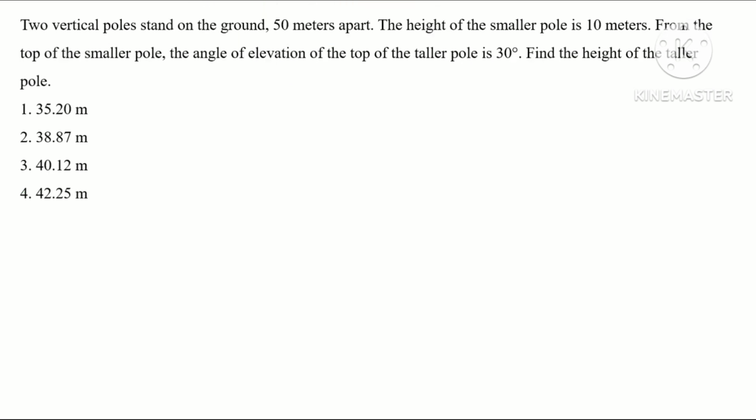So in this question, they have given two vertical poles standing on the ground, one smaller pole and one taller pole. So let's think this is the ground, this is the smaller pole and this is the taller pole. They are 50 meters apart. So the distance is 50 meters. The height of the smaller pole is 10 meters.